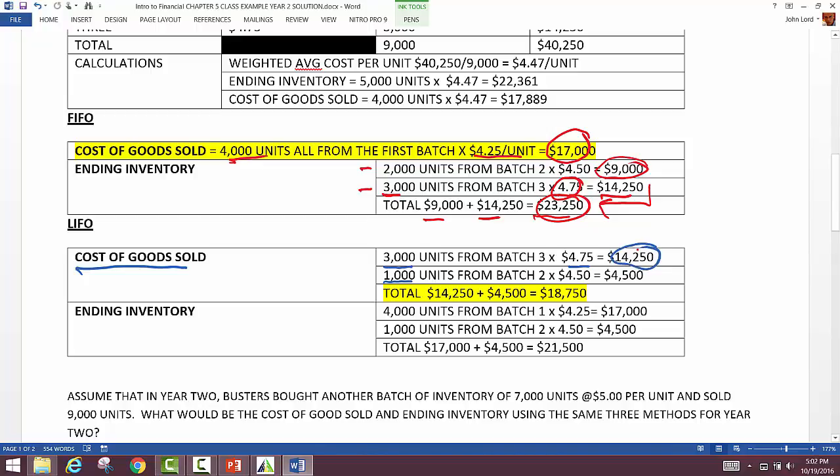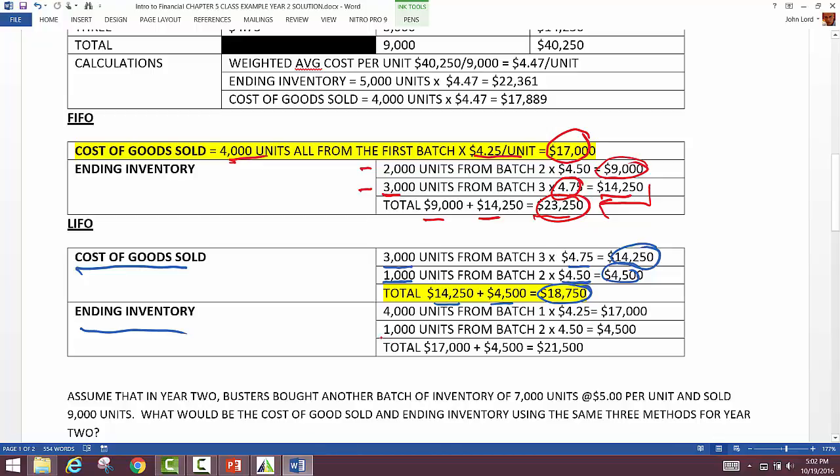And then what? Then we go ahead and we sell 1,000 units, and we sold those at $450 from that batch 2, right? So our cost of goods sold is what? The sum of those two, 14,250 plus 4,500, gives me my cost of goods sold, 18,750. And then I want to figure out my ending inventory, 5,000 units in ending inventory.